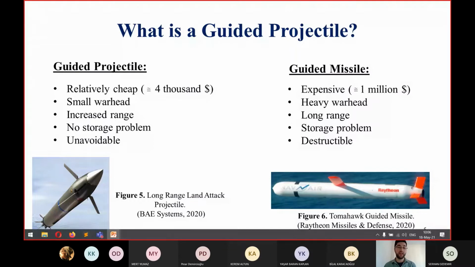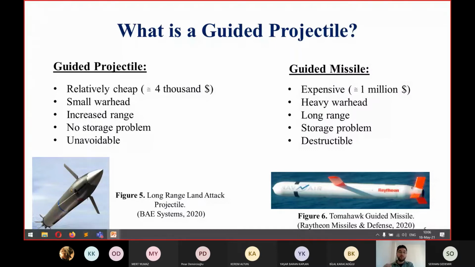They only carry a few kilograms of warheads, and their ranges are not as much as a missile. They do not have thousands of nautical miles. They only have, at maximum, 30 or 50 nautical miles. But you can store thousands of guided projectiles in your arsenal because their sizes are very small.